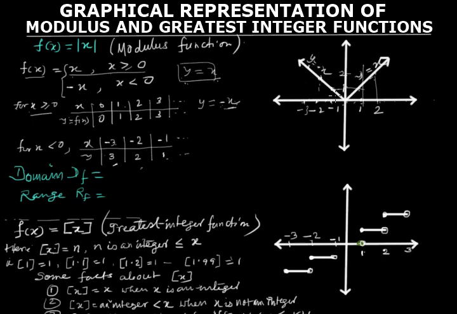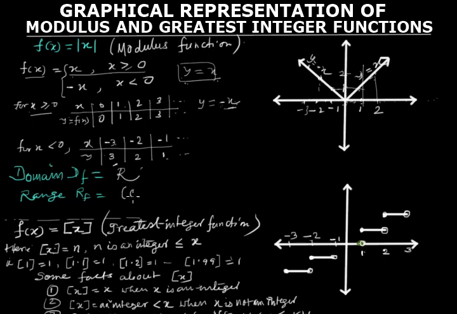So no part of the function comes on the negative side. Here the domain is all real numbers, from 0 to infinity and from 0 to minus infinity. So this is R. But the range is from 0 to infinity, because no part of the function is below the x-axis.